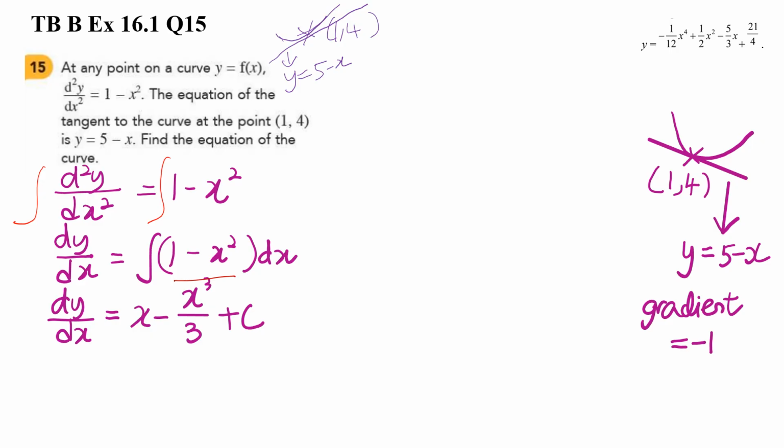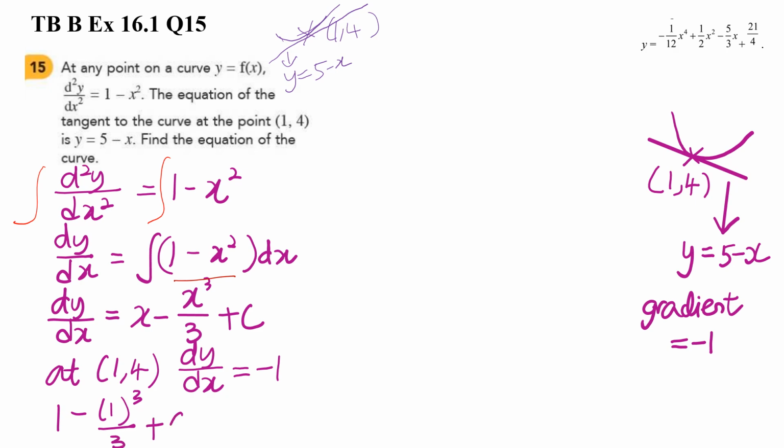If you were to recall how we go about solving tangent line, dy dx is a gradient function, right? And when I substitute x equals 1, I get the gradient -1. So basically your dy dx is your -1. So you sub into it to get your constant c.